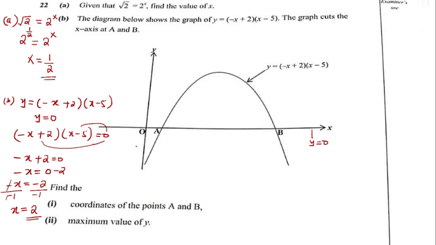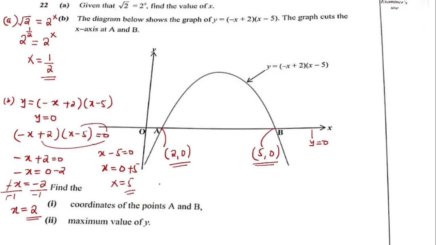Then x is equal to 0 plus 5. Our x is equal to 5 there. So as you can see, that tells us the coordinates of A will be 2, 0. Then for B, that will be 5, 0.